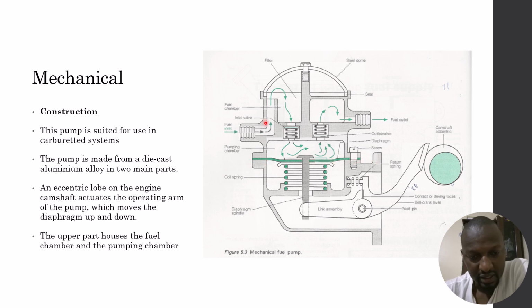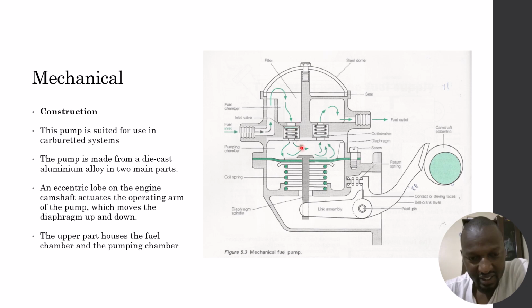So the upper part will have the pumping chamber right here. We'll have the inlet valve on the left and the outlet valve on the right. And then we have a fuel inlet on the extreme left where fuel passes up into the dome above here. The fuel passes through a filter and is collected here, awaiting the next command.